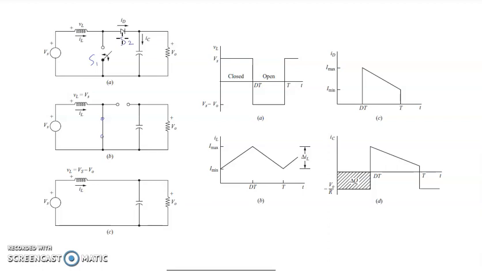So this is the on state, when the switch is closed, and this is the circuit at the off state. When the switch is closed, we look from the inductor point of view, in terms of voltage and current. When the switch is on, the current will flow at the lowest resistance possible.